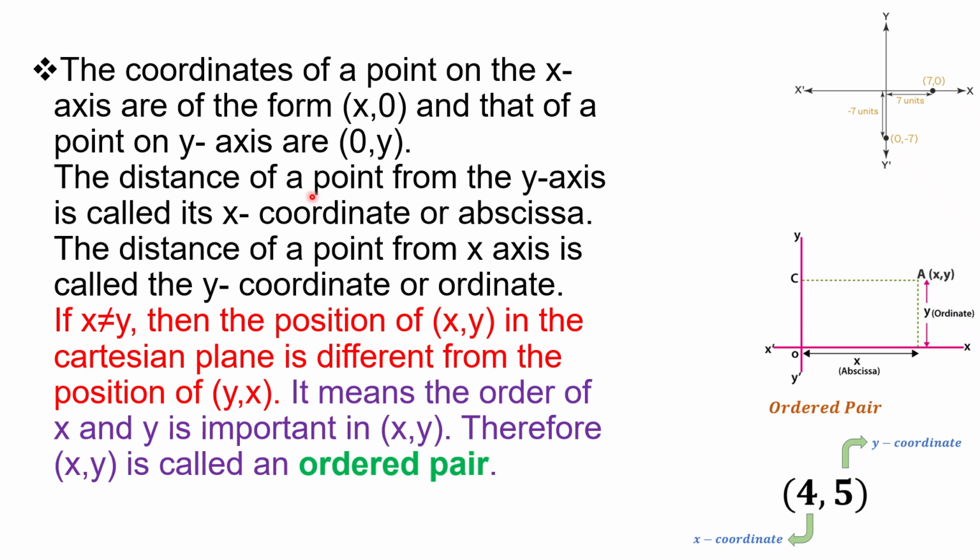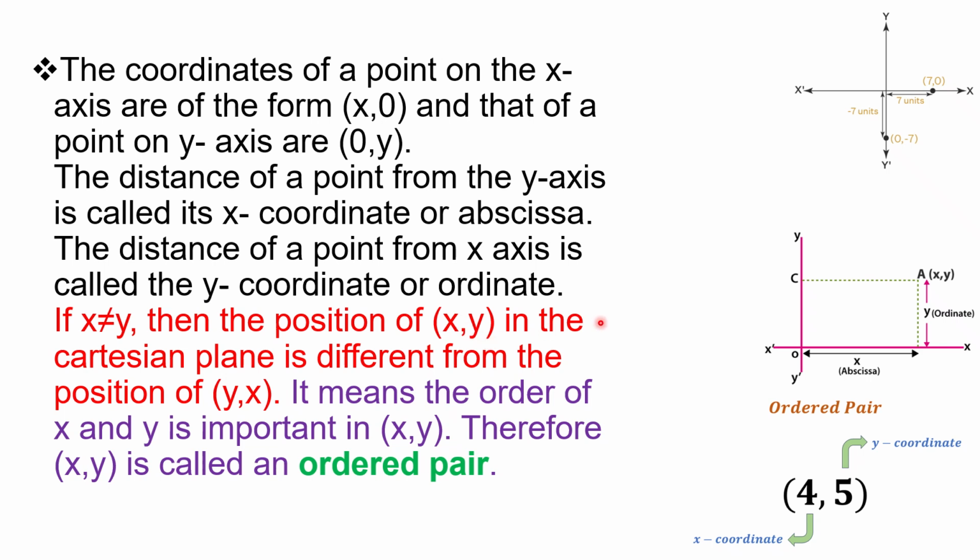The distance of a point from the y-axis is called my x coordinate or abscissa. The distance from the x-axis is called my y coordinate or ordinate.